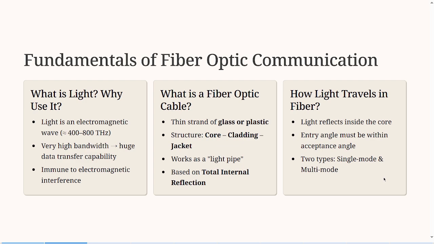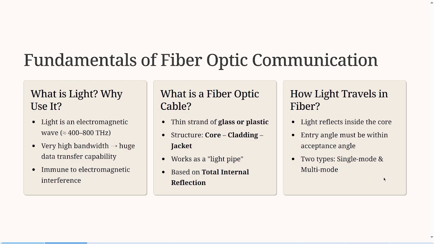than copper cables. Now, what exactly is a fiber optic cable? It is a very thin strand of glass or plastic built with three layers: the core, the cladding, and the outer jacket. The core carries the light, and the cladding surrounds it to trap the light inside through the principle of total internal reflection.